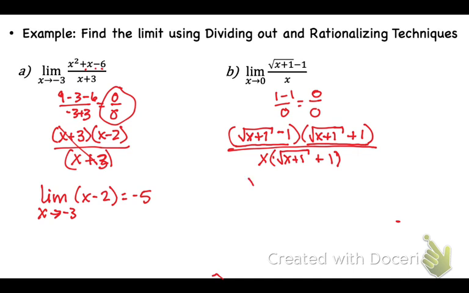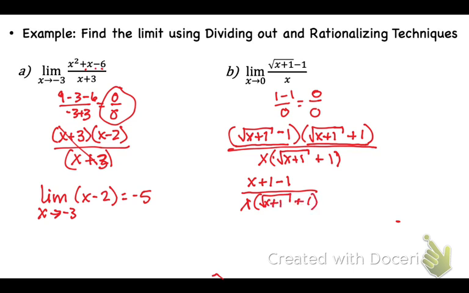When you square a square root, you get what's inside. When I square -1, I get what? Well, it'd be -1 times -1, I get 1, yes? All over x times the square root of x plus 1 plus 1.